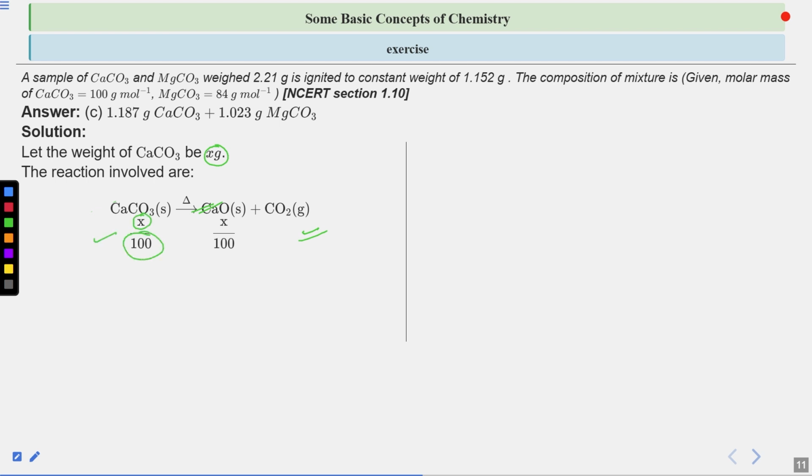According to the equation, 1 mole of calcium carbonate gives us 1 mole of calcium oxide. Therefore, x by 100 moles of calcium carbonate will give us x by 100 mole of calcium oxide after the reaction. Got it?